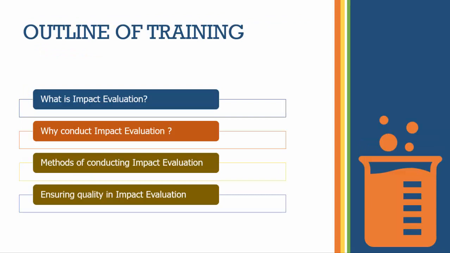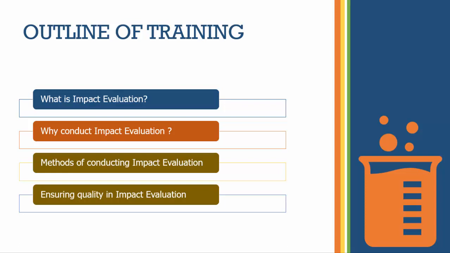So the outline of this training is, first of all, we're going to talk about what is impact evaluation. Then secondly, why conduct impact evaluation? There always needs to be a justification why we do these impact evaluation studies. Then one of the most interesting parts of this video is the methods of conducting impact evaluation.